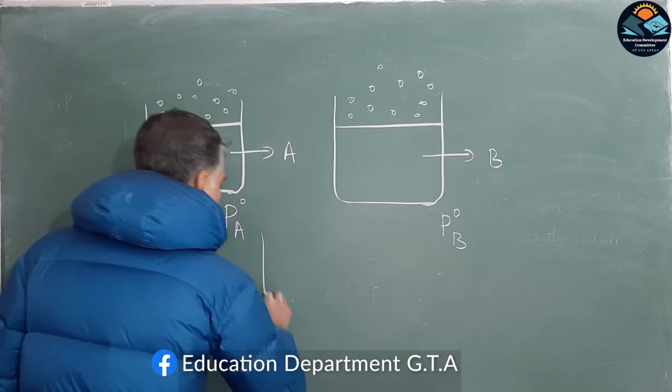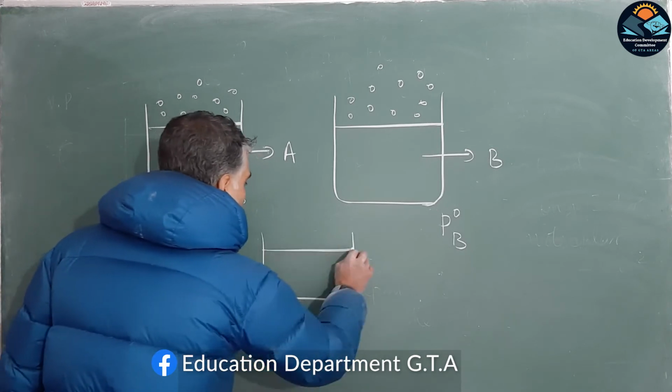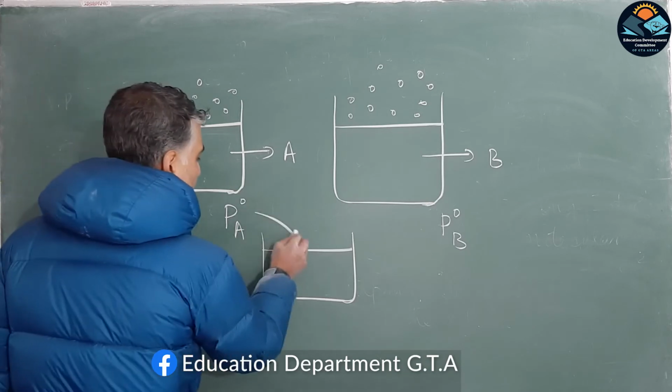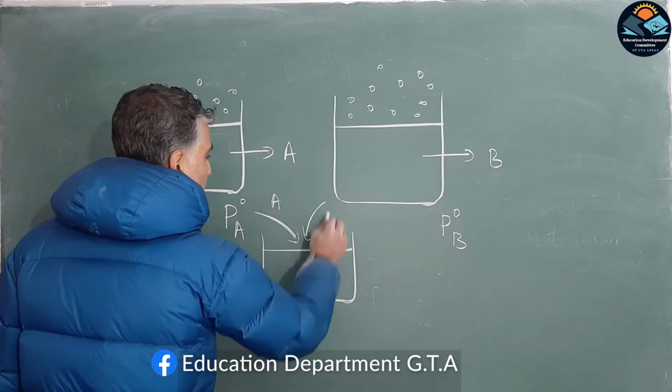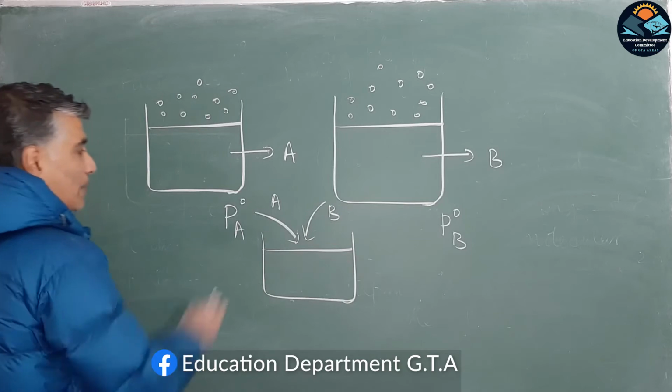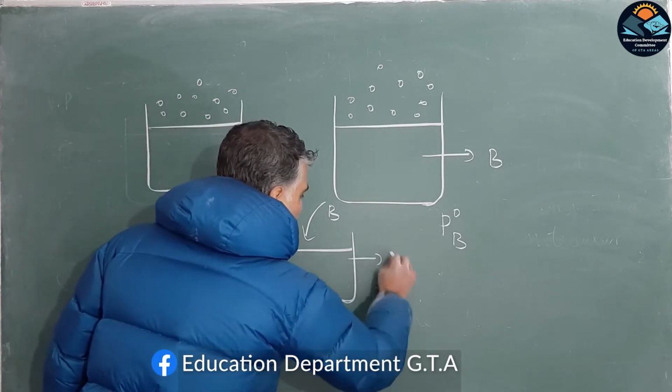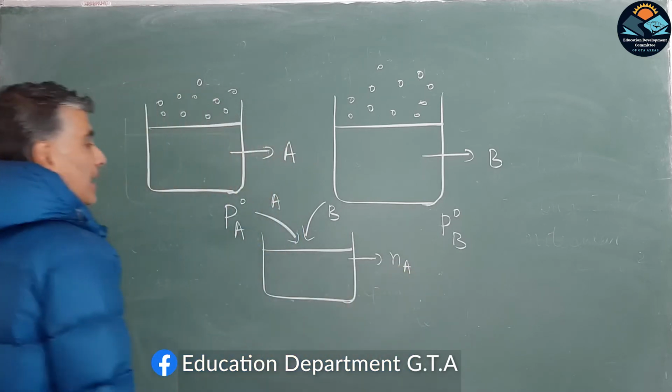Now what I'll do is prepare a mixture of both these liquids. So I'll put liquid A here, also put liquid B. While putting liquid A and B, let me take the number of moles of A as Na. How many moles of A have I taken?